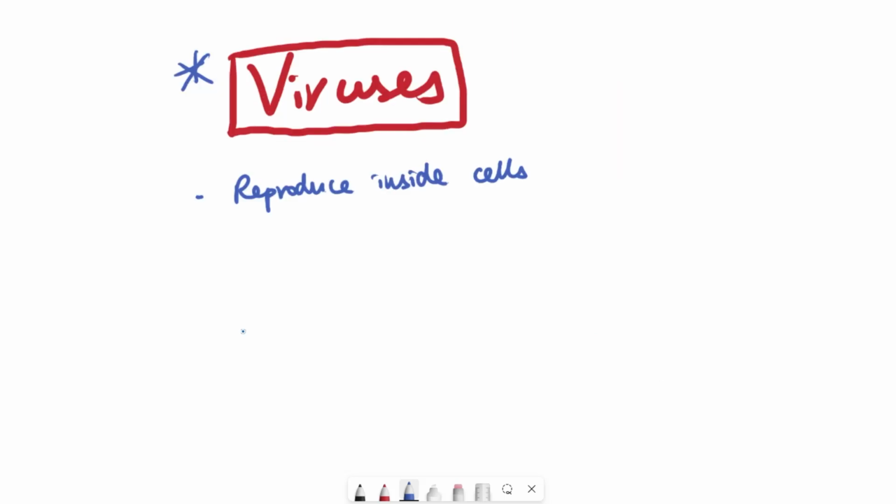The first thing to note is that viruses can reproduce inside our cells. Viruses on their own cannot actually reproduce, unlike most of the other living things that we've got. They have to actually land on a cell, which we call the host cell, and they will inject their own genetic material inside the host cell, which then combines with the host cell's own DNA.